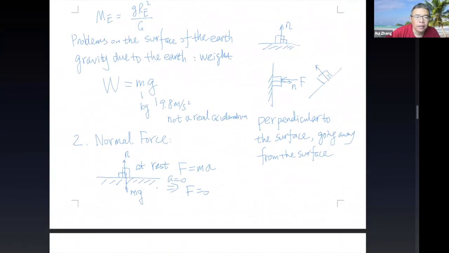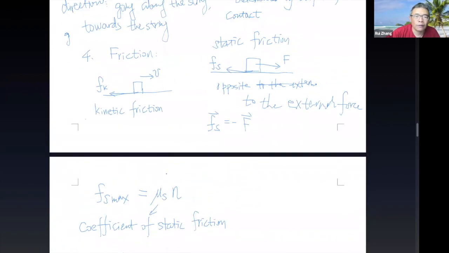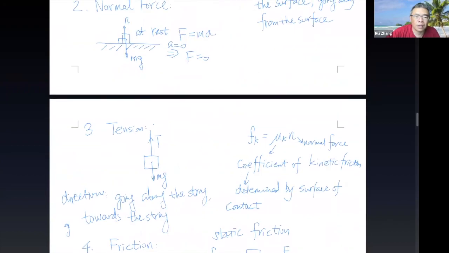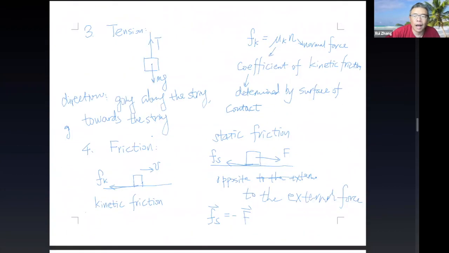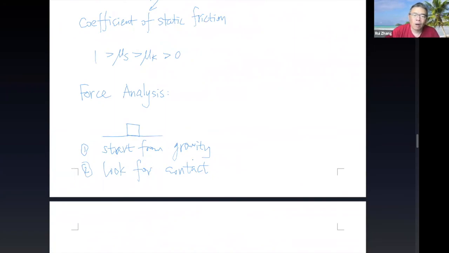Normal force is only possible when you have contact with a surface. Friction, same thing: you have to have contact with a surface. Tension, you have to have contact with the string. That includes all the contacts we normally have, either to a surface or to a string. Whatever contact you have determines whatever force you have. And besides that, there's always gravity.